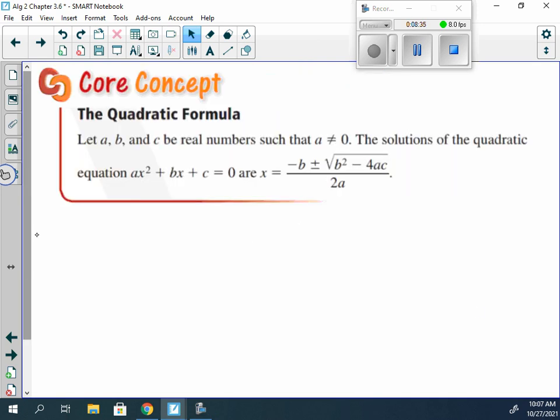So if we let a, b, and c be real numbers such that a is not equal to 0, then the solutions for the equation ax squared plus bx plus c equals 0 are x is equal to negative b plus or minus the square root of b squared minus 4ac, all over 2a. And that is the quadratic formula for any quadratic equation. We can use this here to find the solutions.